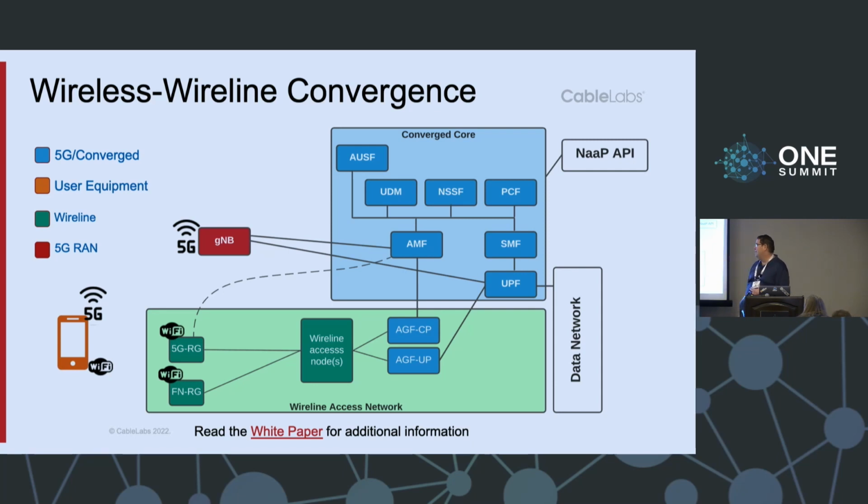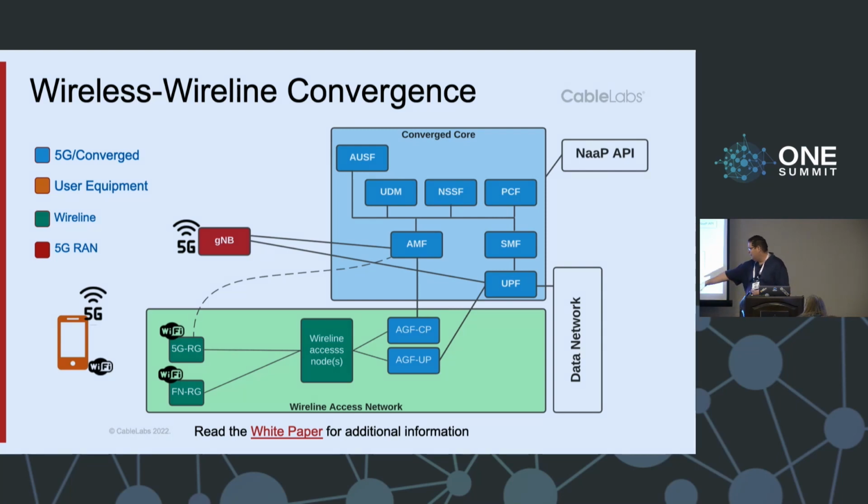All the traffic can be routed through the user plane function, and we can do a lot of the traffic quality experience there off to the data network. Like I said, we have this new thing here, the NaaP API, or we'll call it NEL, the network exposure layer, will expose these functionalities to third parties or internal users.